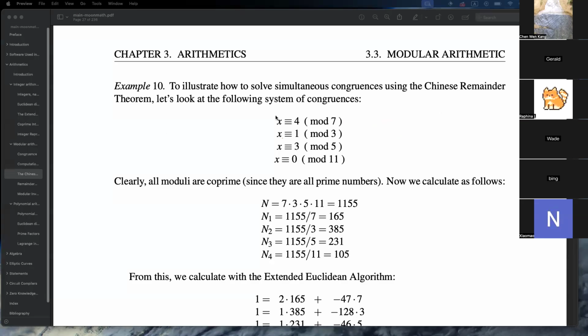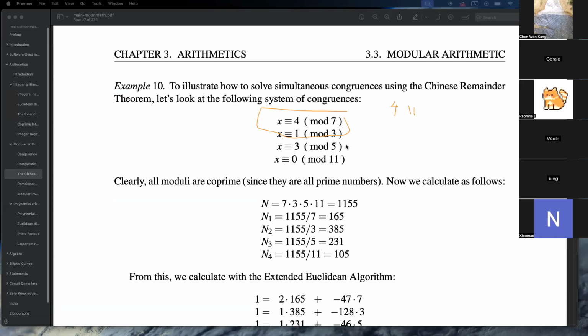First, let's focus on these two. Let's find a value that is 4 mod 7 and 1 mod 3. One very simple way of doing this is to go through each of them. What is 4 mod 7? Well, 4 is 4 mod 7, 11 is 4 mod 7, and so on. What is 4 mod 7 and also 1 mod 3?